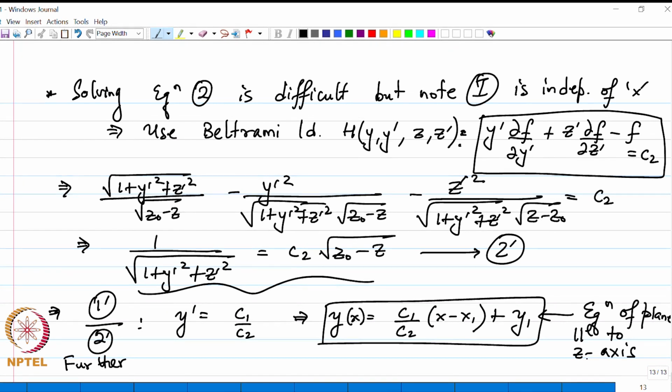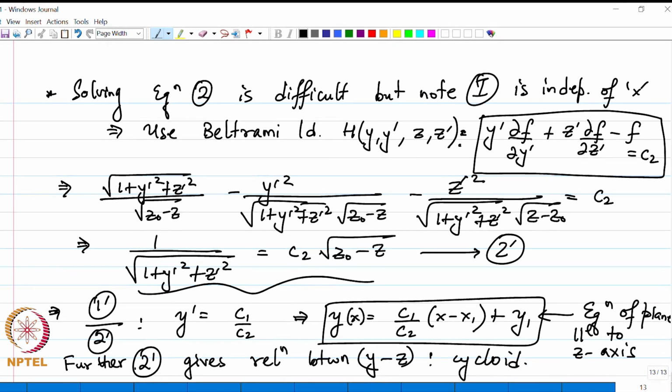So, further 2 prime gives the relation between y and z, which, once we solve, is going to be a cycloid.